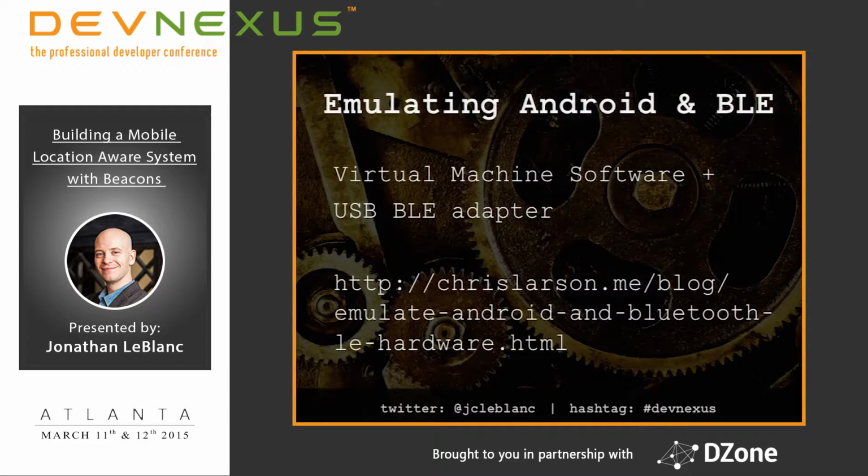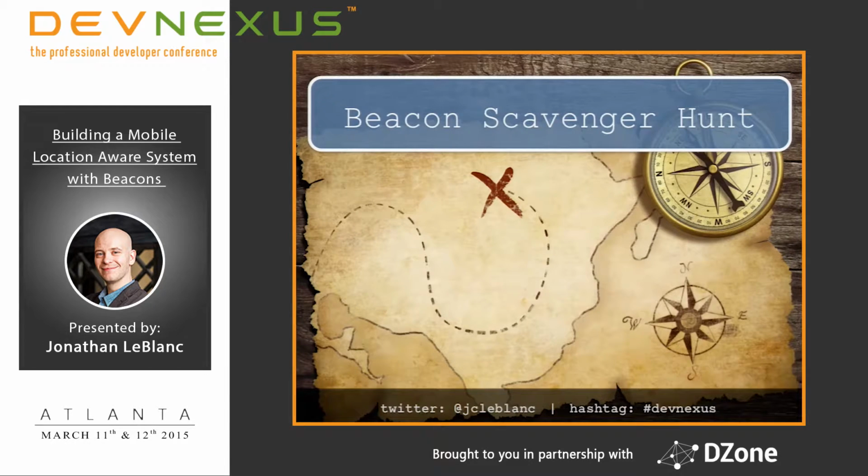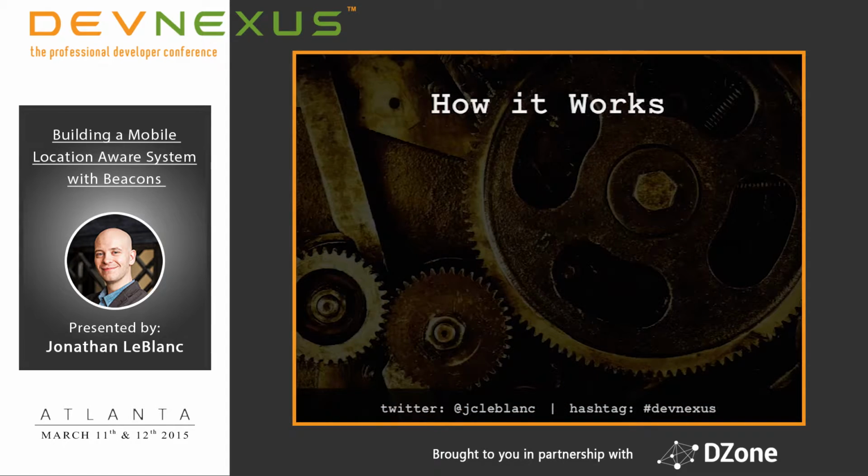All right. So let's get going on the beacon scavenger hunt and take a look at what this is going to look like. This is our deployment at specific conferences, where we have a lot of room to play with. This is one of the things that we like to do, just as a fun little game.